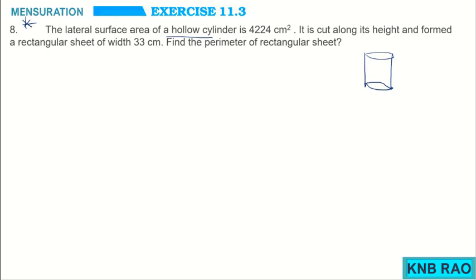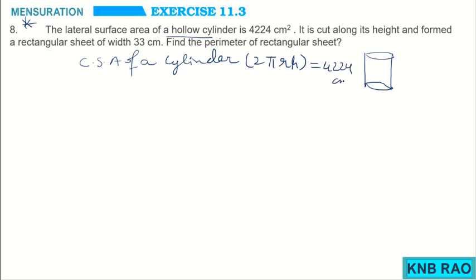The lateral surface area of a hollow cylinder is given as 4224 centimeter square. That is the CSA of a cylinder, which is found with the formula 2 pi r times of H, given as 4224 centimeters square.